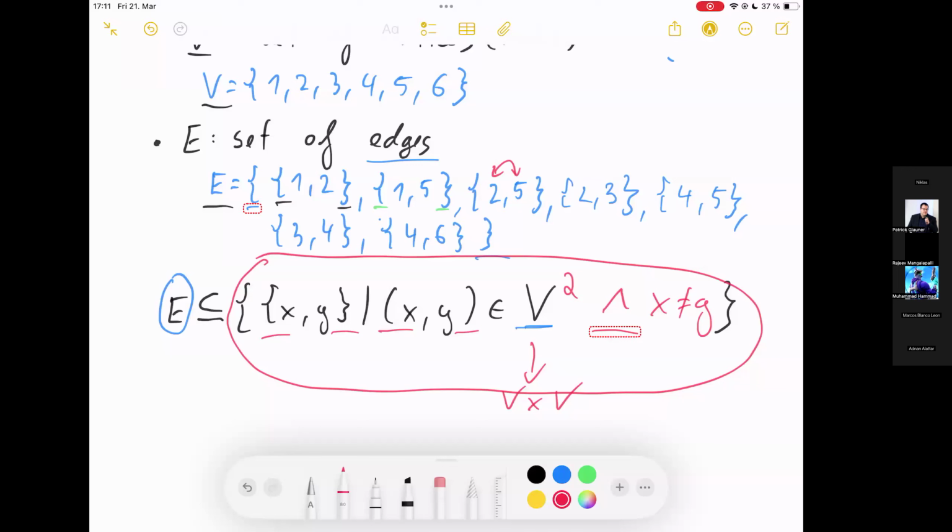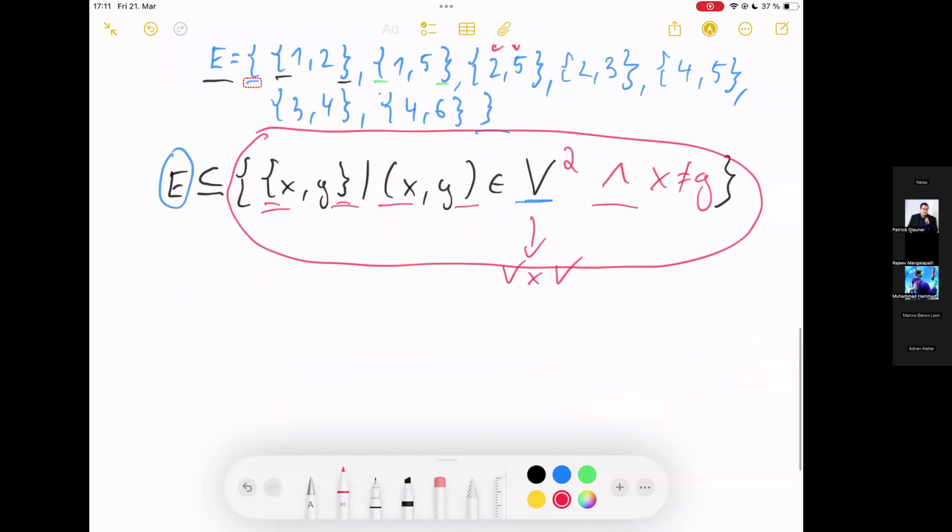But we don't want tuples, we want subsets because the direction doesn't matter. So we convert the tuple into the set, but we only take the tuples for which x and y are different. And this is a so-called undirected graph.